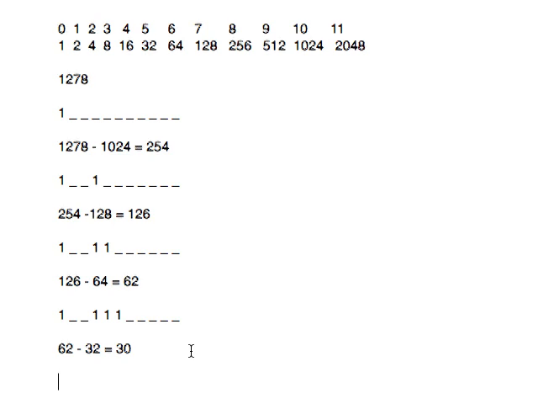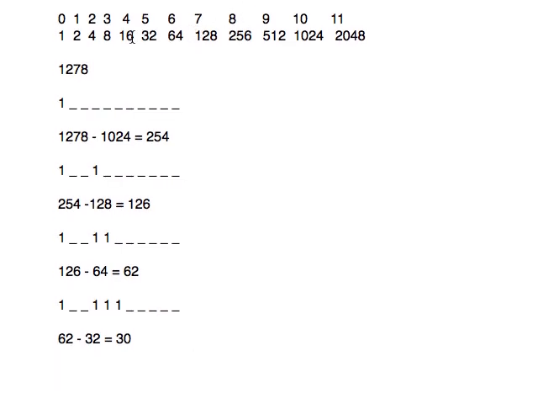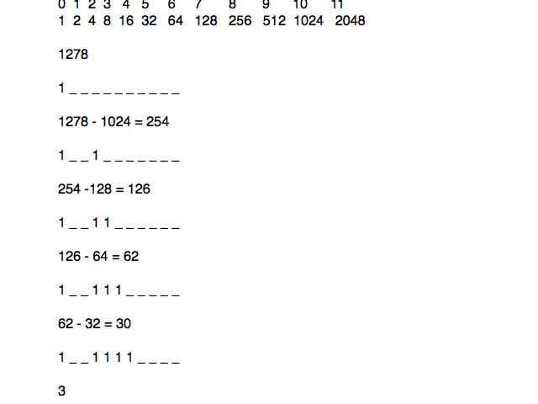Okay, so the closest to 30 without going over is 16. All right, so I'm going to need a 2 to the 4. Just copy and paste that there. 0, 1, 2, 3, and 4. Put a 1 there. That's going to give me 16. 30 minus 16 equals 14.